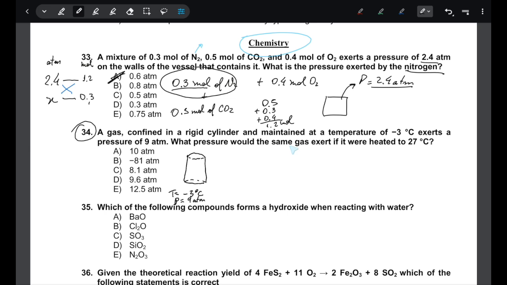What pressure would the same gas exert if it were heated to 27 Celsius? All right, so here we have to use the famous formula of pressure times volume divided by temperature equals pressure times volume divided by temperature.